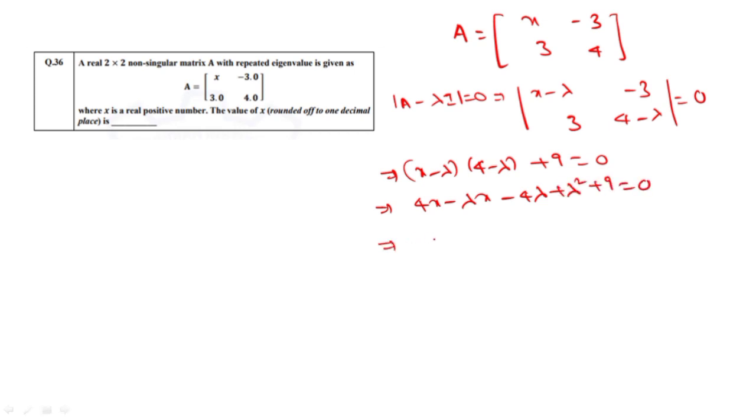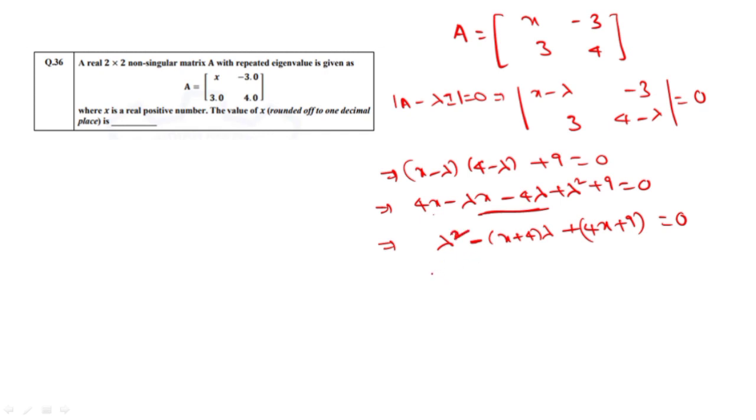And this will be lambda square minus x plus 4 times lambda, and the remaining 4x plus 9. This is a quadratic equation in lambda.